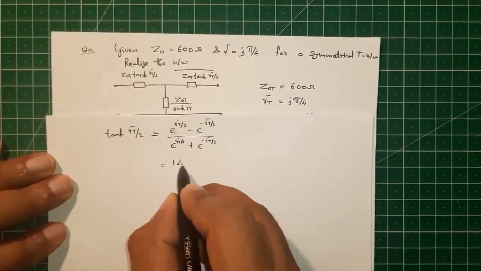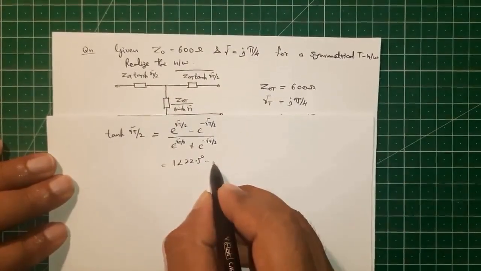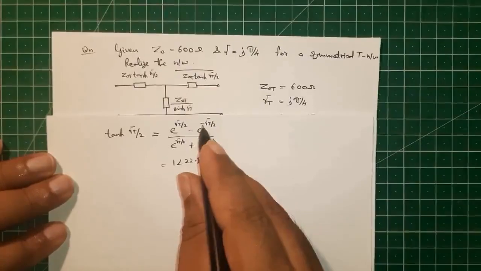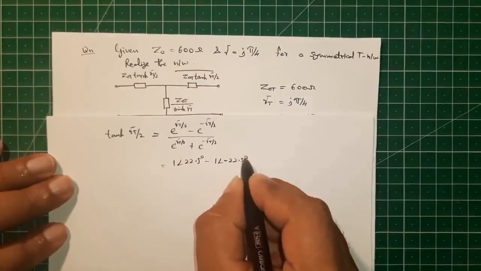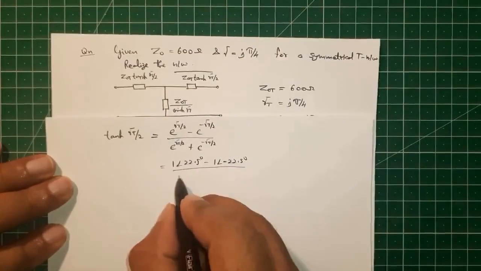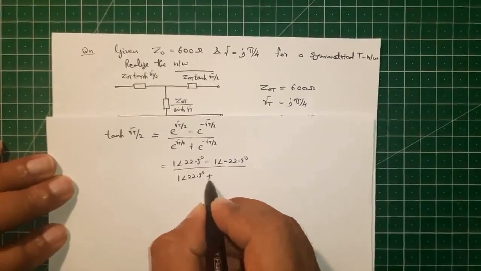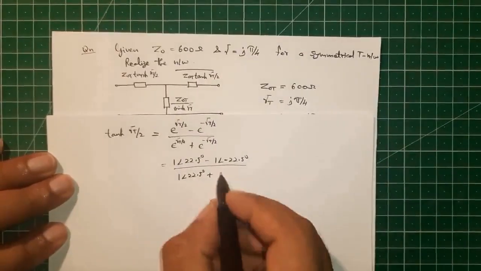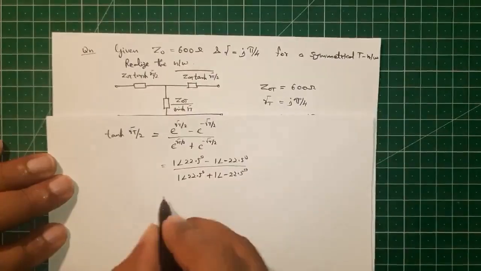So we have 1 angle 22.5 minus 1 angle minus 22.5 divided by 1 angle 22.5 plus 1 angle minus 22.5 degree.